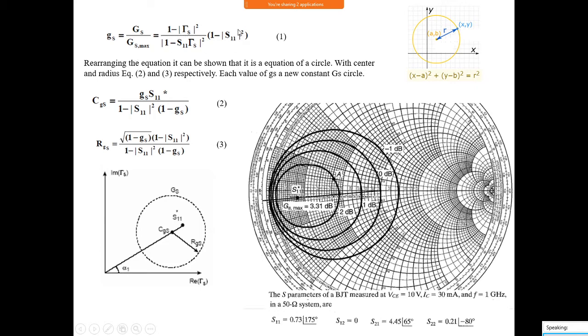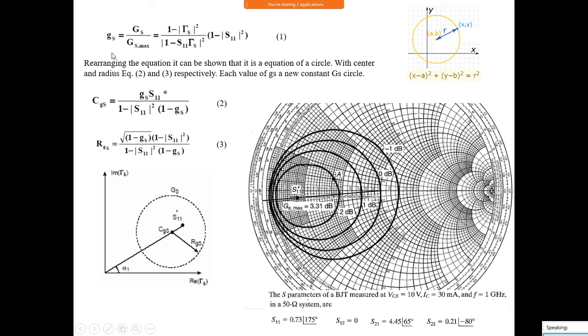Similarly, if you rearrange this and form the equation of a circle, the derivation is not needed for you. That's why I have directly given the equation like this. From this equation we observe that the center of the circle is given by this expression, and the radius of the circle is given by this expression.